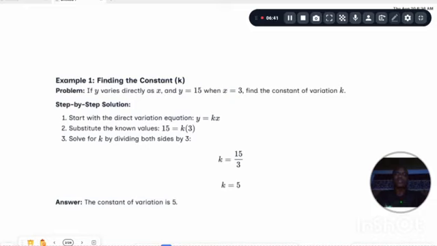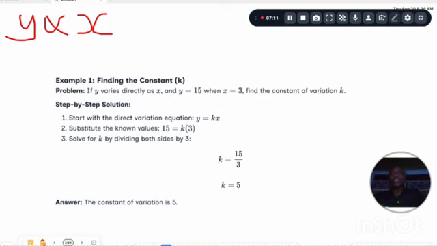Here we are asked to find a constant. We are told that y varies directly as x. I'm going to write it like this: y varies directly as x. Then we are told that y equals 15.